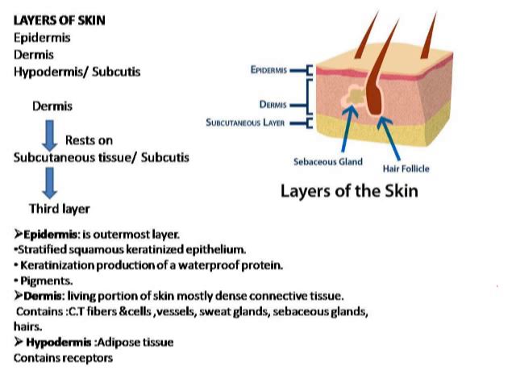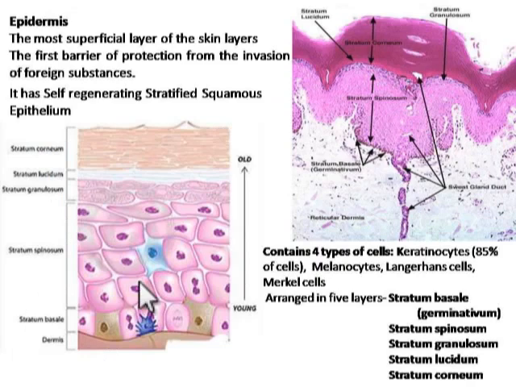The layers of epidermis are basically stratum basale or stratum germinativum, then stratum spinosum, then stratum granulosum, stratum lucidum, and stratum corneum.